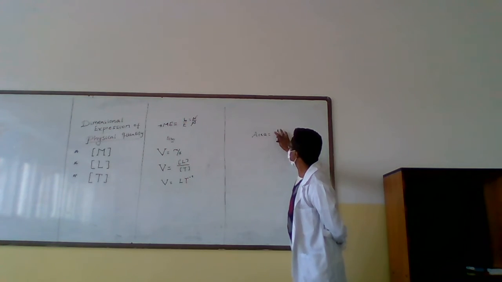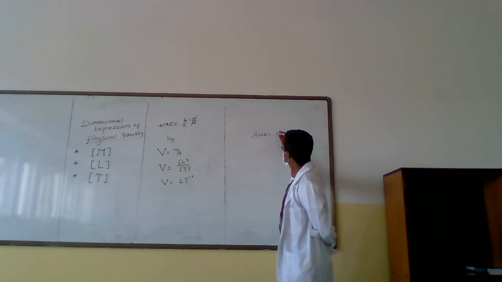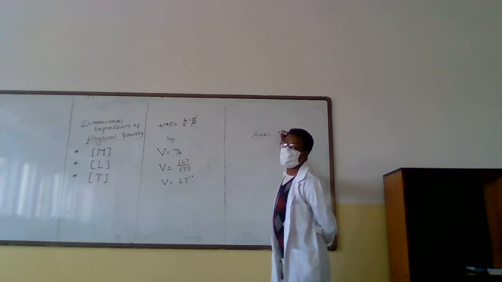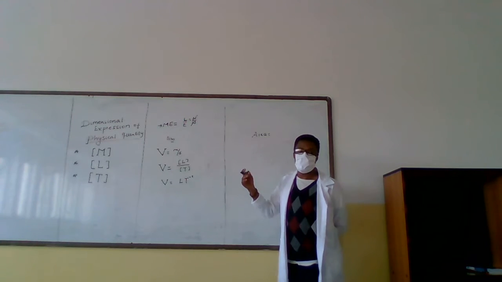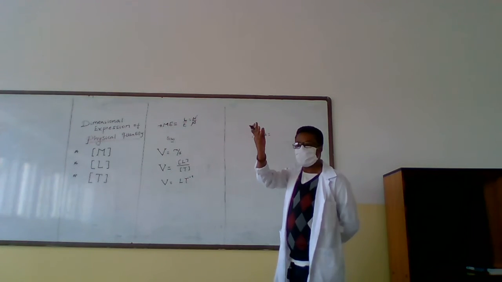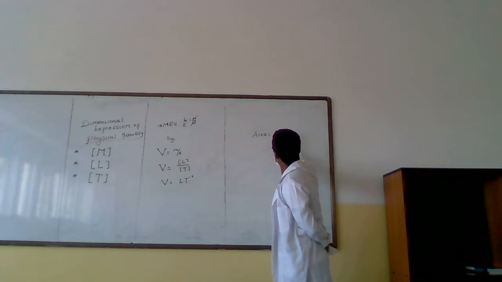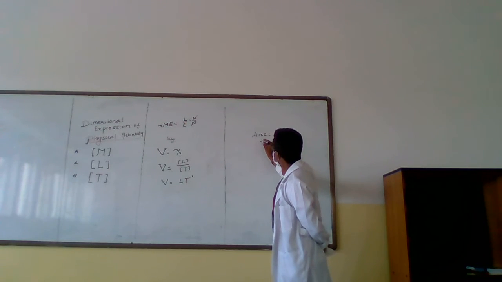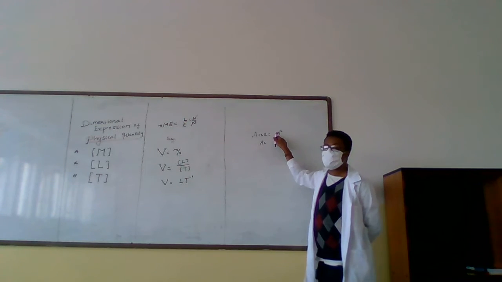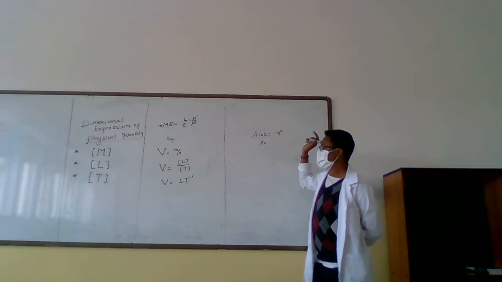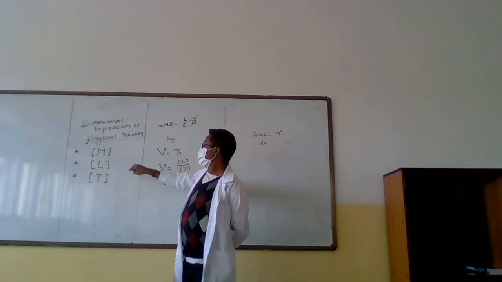But the unit of area, tell me the unit of area is? Because we have similar units multiplied, meter square, centimeter square. Tell me one of the units. Meter square, it's okay. Because the dimension of meter is expressed in length.